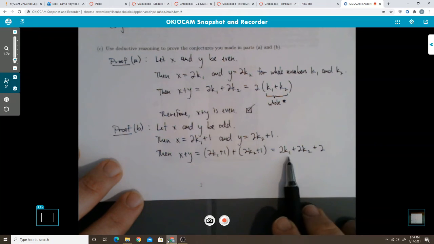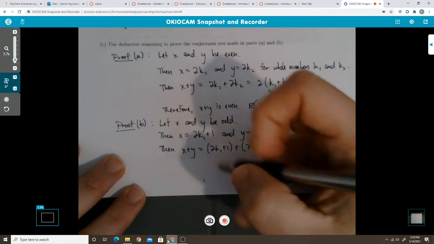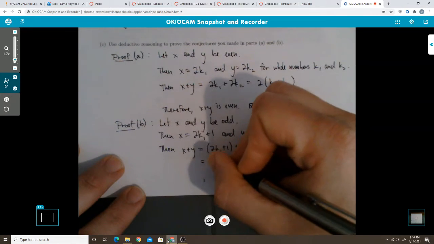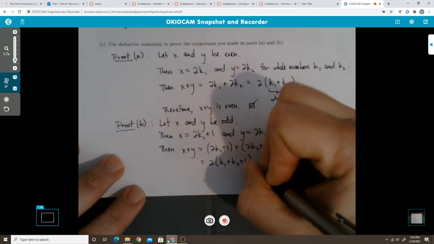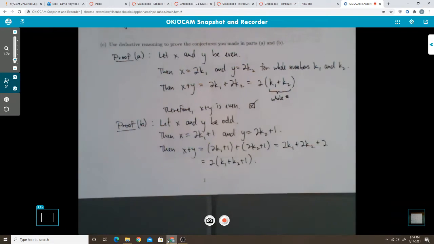Well, notice that we can factor out a 2, right? So this equals 2 times k1 plus k2 plus 1. And there you go, right? So k1 plus k2 plus 1 is just going to be a whole number. So we've shown that x plus y is 2 times a whole number.